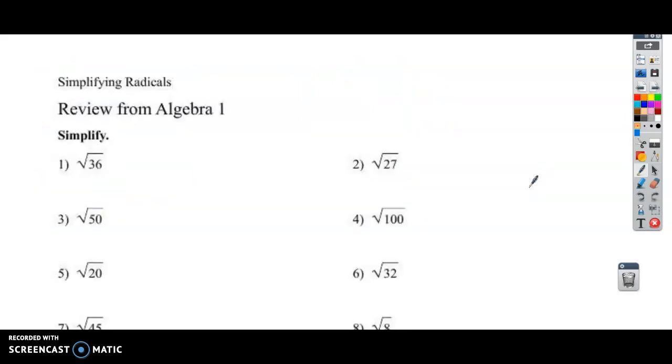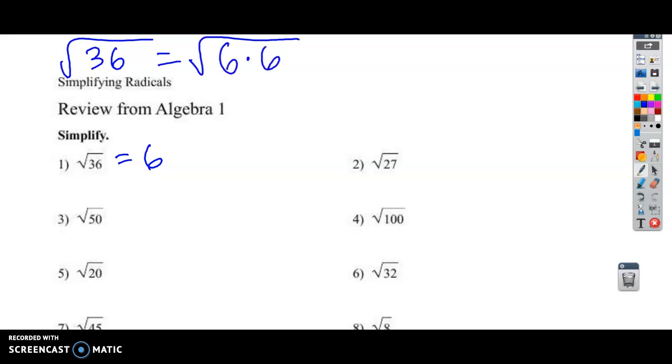Now, a lot of times you're going to be asked to simplify a square root that is not a perfect square. For example, 1, this is a perfect square, and you're done. But a number like 27, that still has to be simplified. Now, if I were to simplify square root of 36, what we're doing is we are breaking up 36 into two numbers, a pair of numbers, and then once we have that pair, when we pull it out, there's 1.